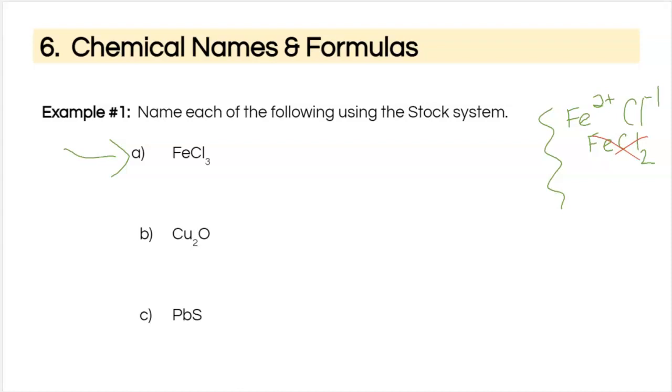Now, if it's iron, the other possibility for iron is that 3+ charge. Then with Cl-, I cross those charges down, and that's going to give me FeCl3, which is the thing that I'm trying to name. So that is correct. And what that tells me is that my iron is iron with a 3+ charge.